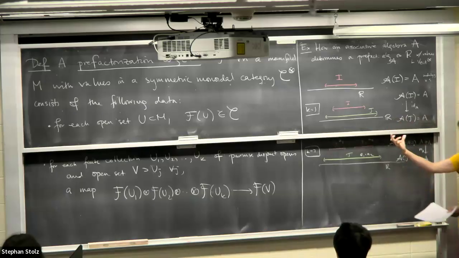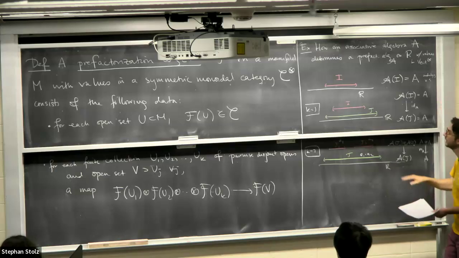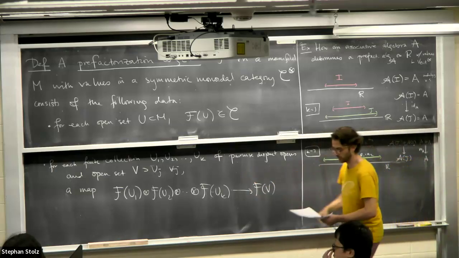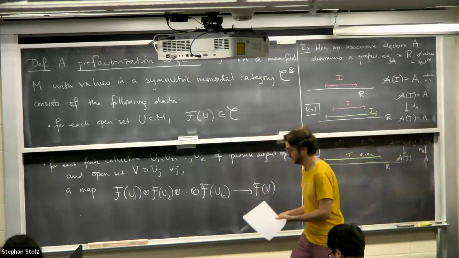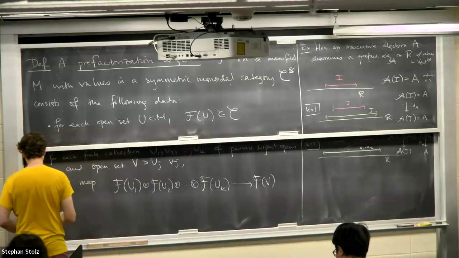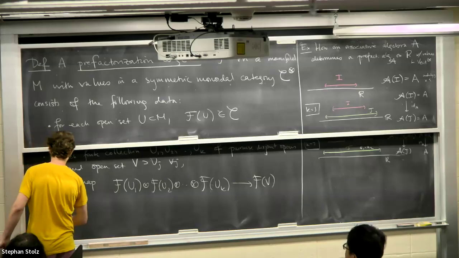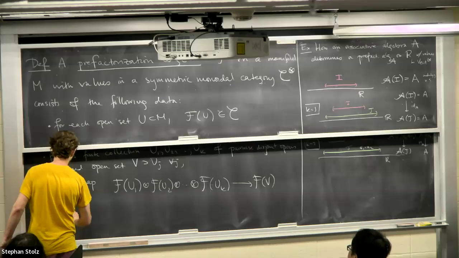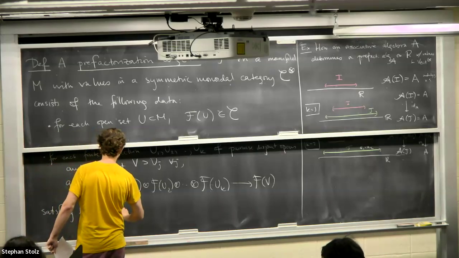And in general, if you have a bunch of intervals that are disjoint, you just do the multiplication from left to right like you do in an associative algebra. And that's what these maps are supposed to be. Okay, so this was the data, satisfying the following conditions.